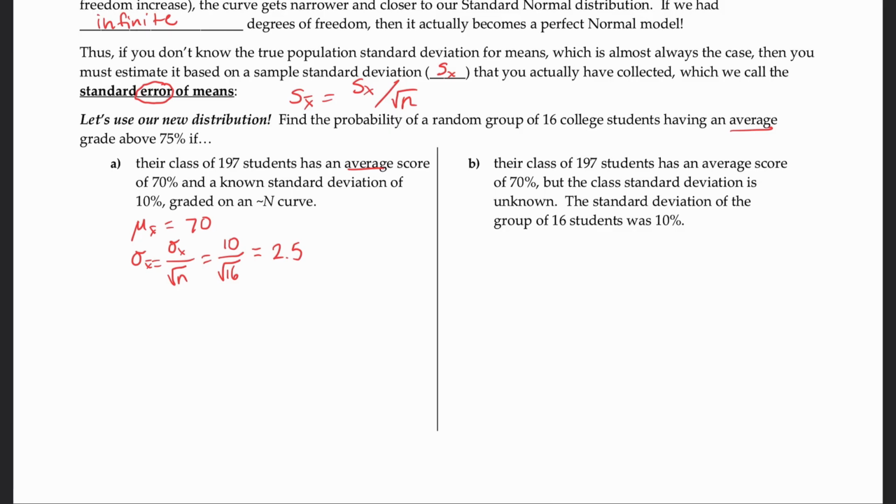Excellent. So now we're ready to move on to finding our test statistic. This is a normal curve, so we are using a z statistic, and that is going to be our observation of 75% for the sample, minus 70, over the standard deviation for the sampling distribution, 2.5, getting us 2.00. So z is 2.00, our z-score.